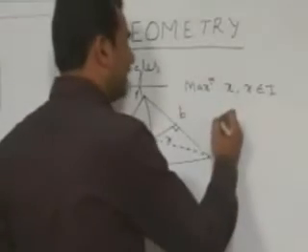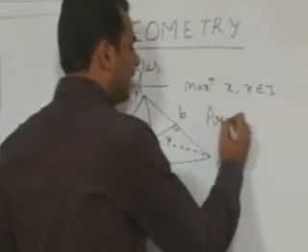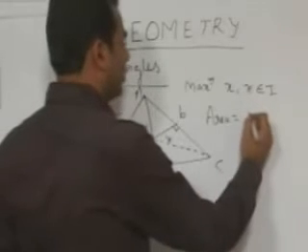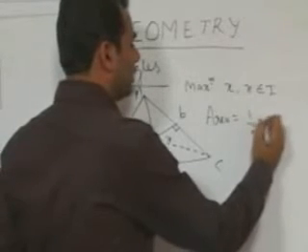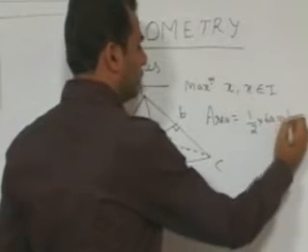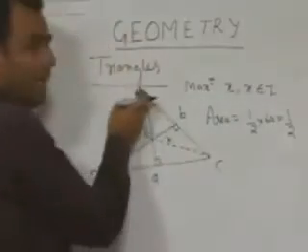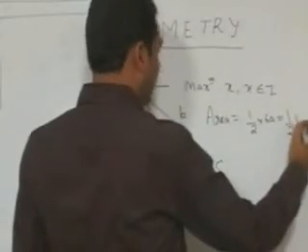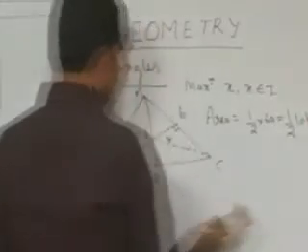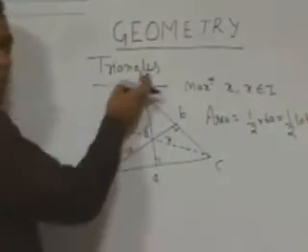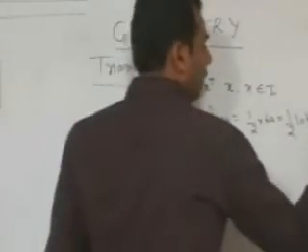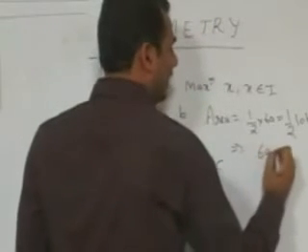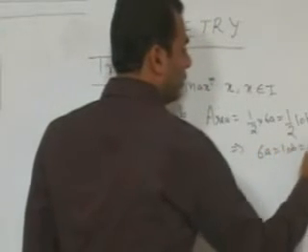So the area is equal to half into 6A, which is also equal to half into 10B, which is also equal to half of X into C. So 6A is equal to 10B, which is equal to XC.